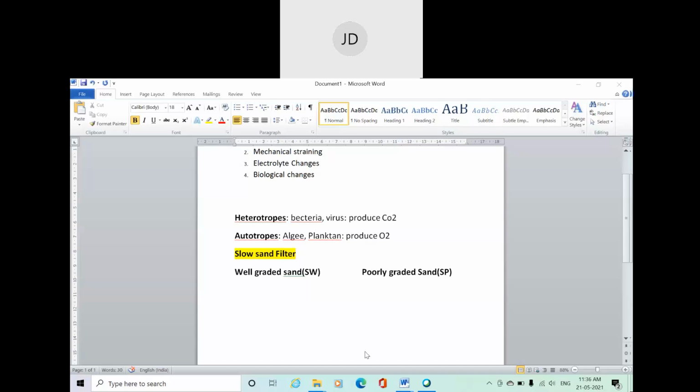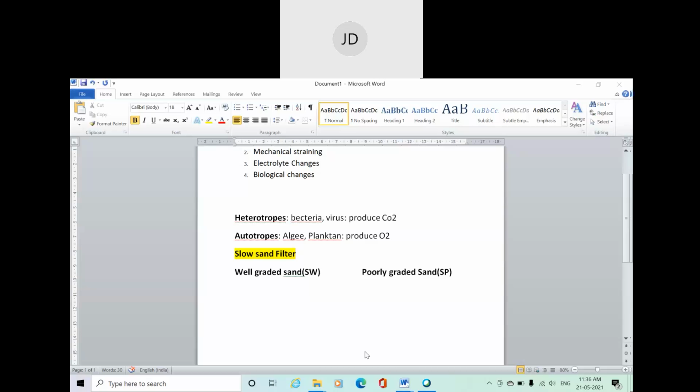So we have to wait till the biological film regenerates. The biological film needs to do the process we have already discussed. All the biological processes have to be done. After that, we can collect the water which is treated by the biological film.